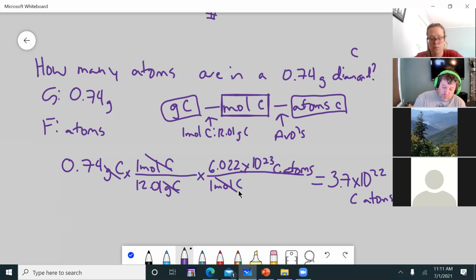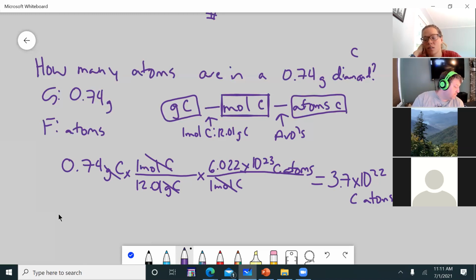Any questions on that? Some people will say, how many decimals do I need to use for the molar mass? Can I just use 12 instead of 12.01? I'd say use as many as you can tolerate.